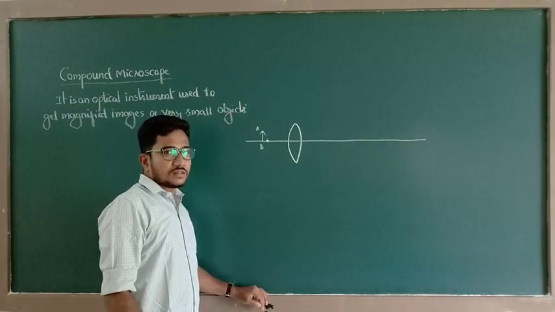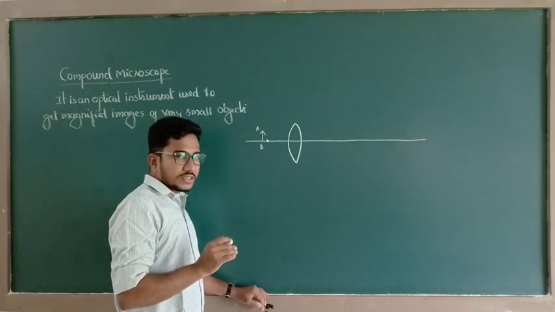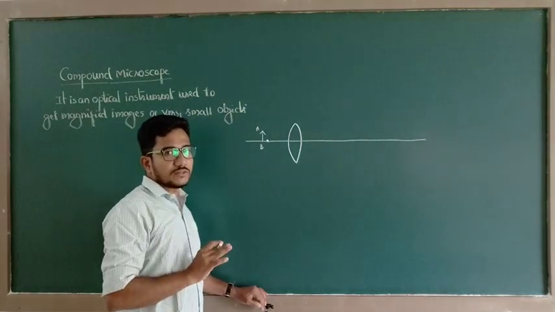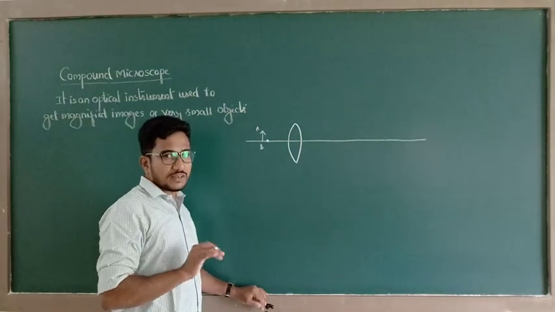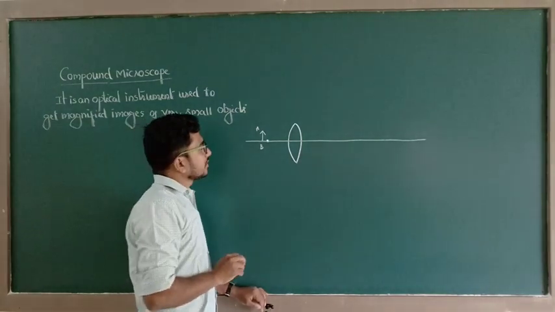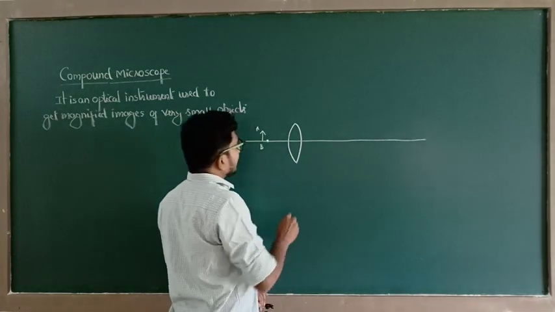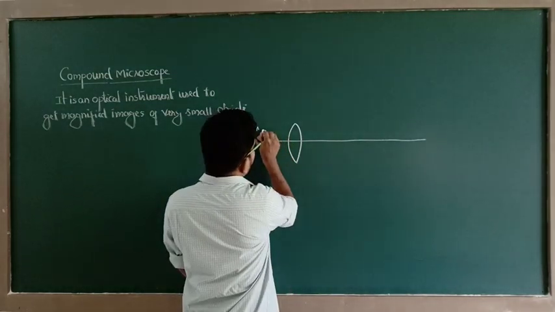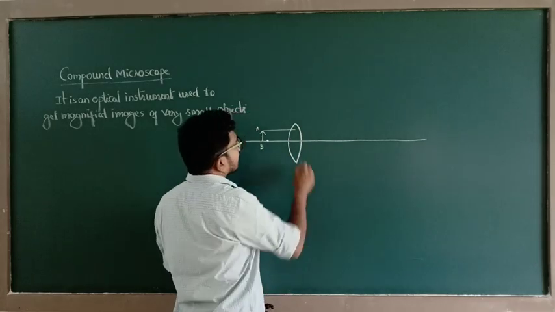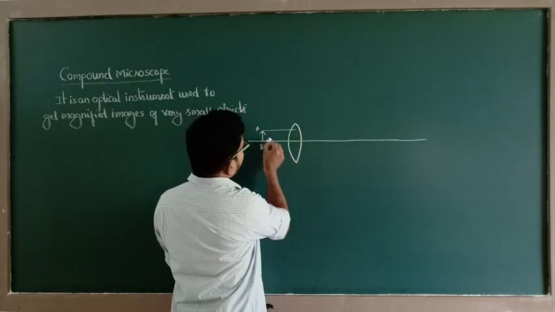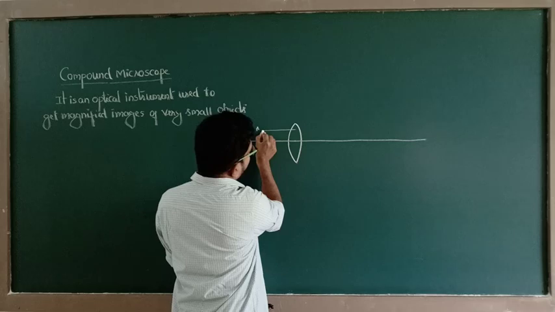So we know that there is a need of two incident light rays and hence two refracted light rays in order to analyze the position of the image. So let us consider two incident light rays. A light ray parallel to the principal axis.